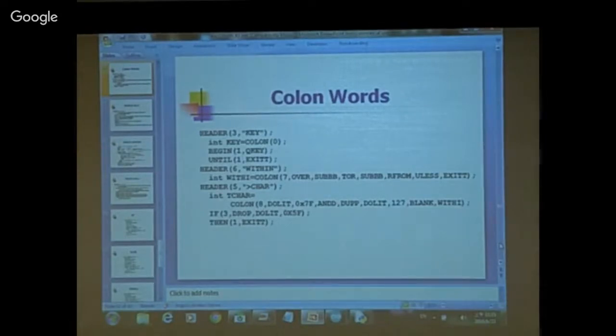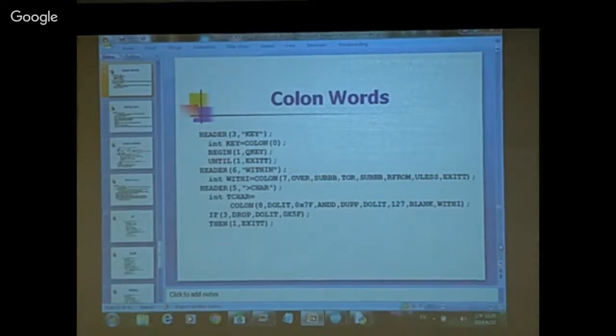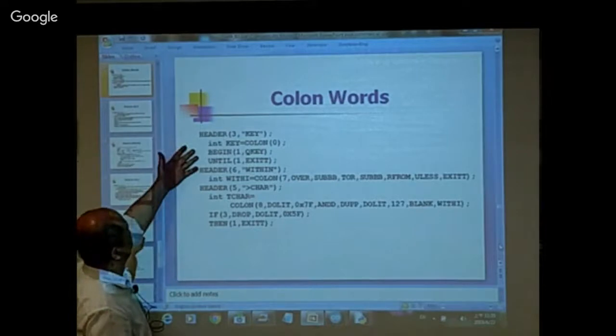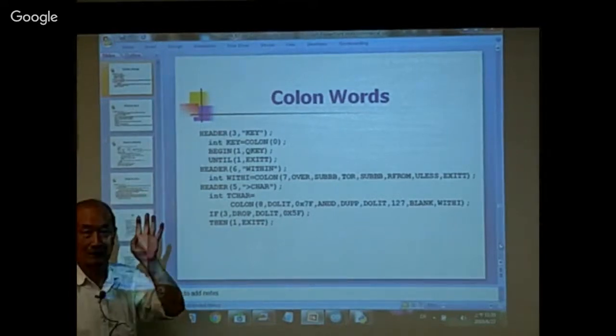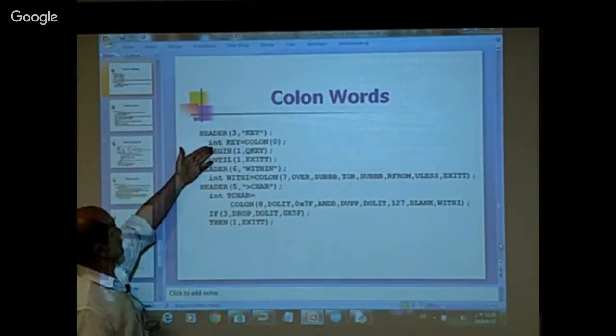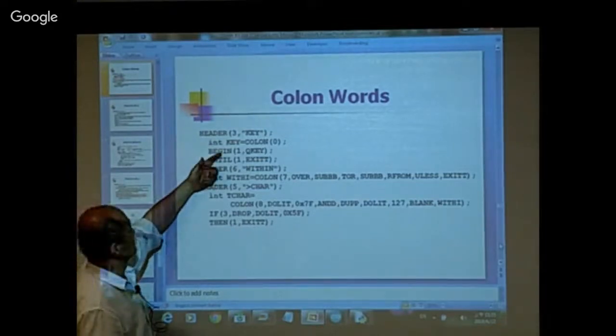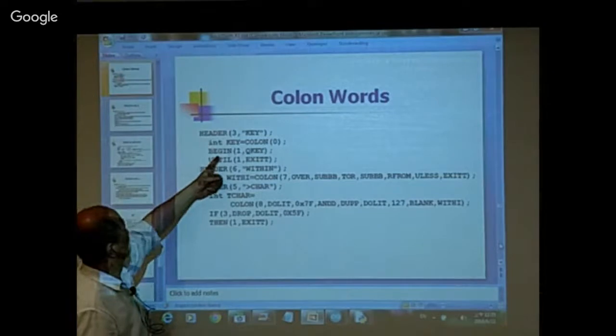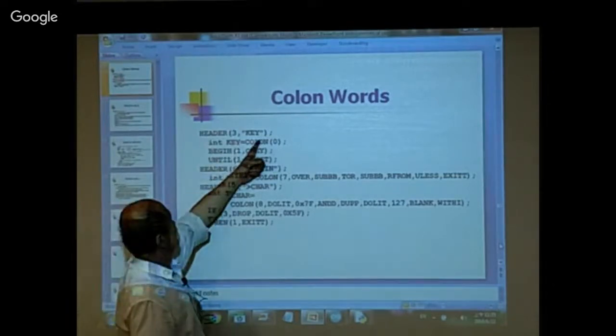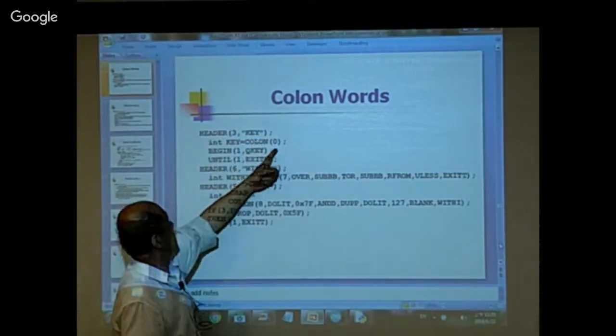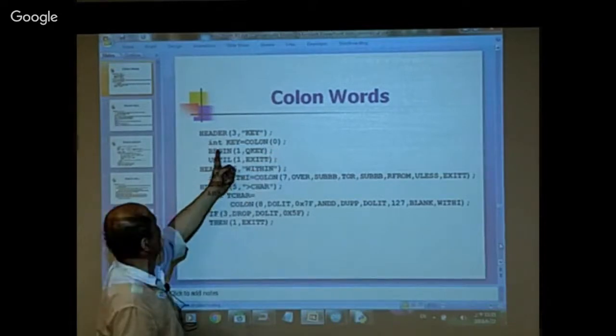Here, in the colon word, instead of labels, I use begin until. Key doesn't compile anything at this point. So the begin comes immediate. So you have the begin, query key, and until, then next. This begin gives the address here, and until will pick up that address and compile the proper QBranch instruction for that jump.